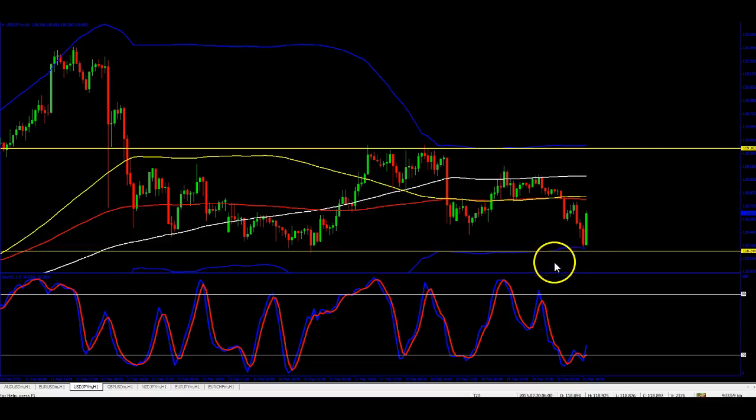So the key of trading in a range is buy at the bottom, sell at the top. As you can see here, we've got a nice engulfing bullish candle, just bounced off the bottom Bollinger Band, and in turn it's a support level as well, just a little bit shy of it.